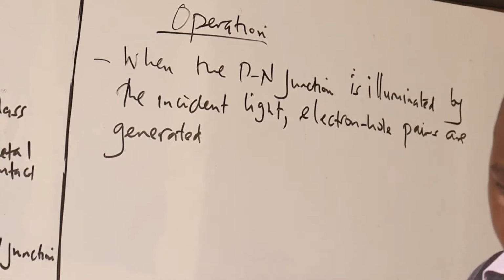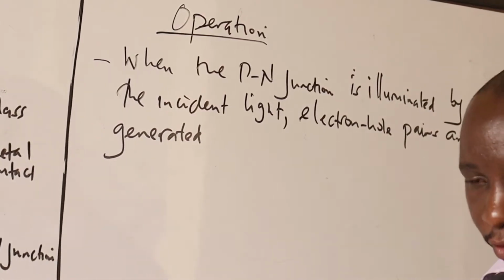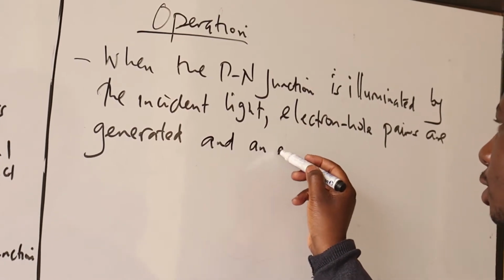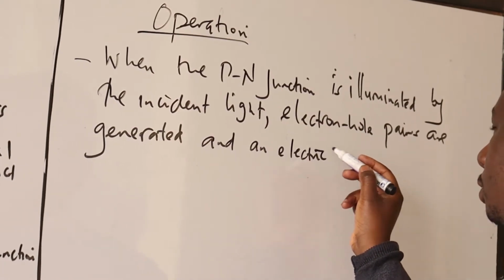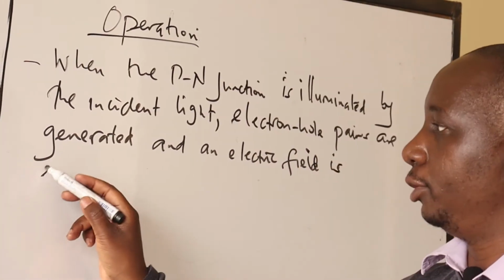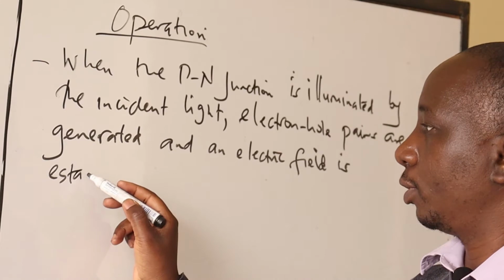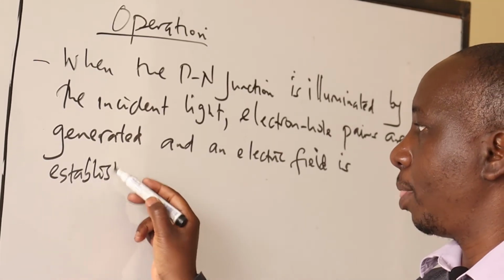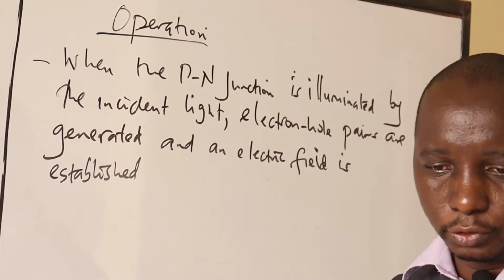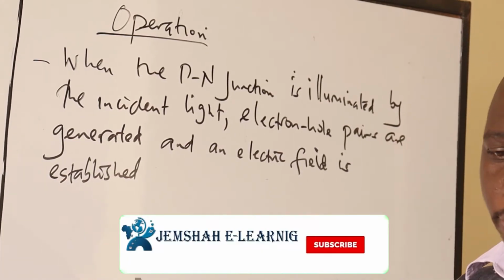Electron hole pairs are generated, and an electric field is established across the terminals, near the PN junction.